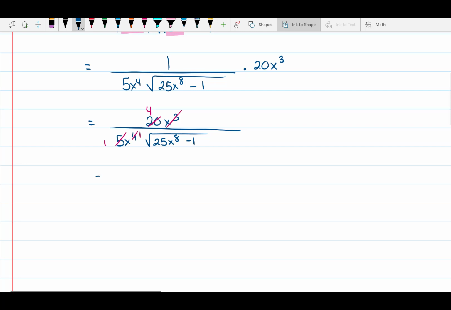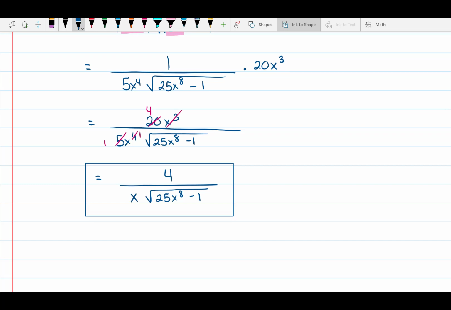So that's going to leave us with the answer of 4 divided by x times the square root of 25x to the eighth minus 1. And that's it. There's the derivative of secant inverse. I think the hardest part about these problems is just remembering the formulas. I really highly recommend using flashcards.